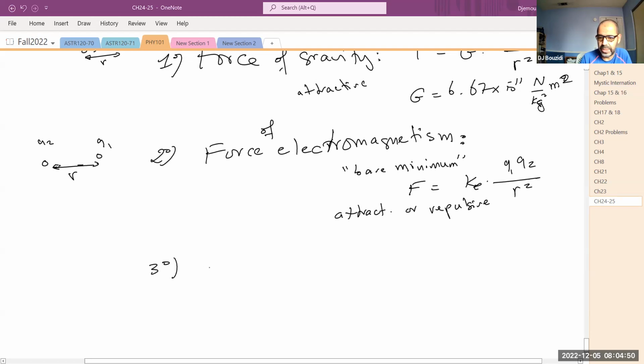There are the nuclear forces, and there are two of them, different ones. They are not related, actually. As a matter of fact, the weak nuclear force is more related to electromagnetism than to the strong nuclear force.